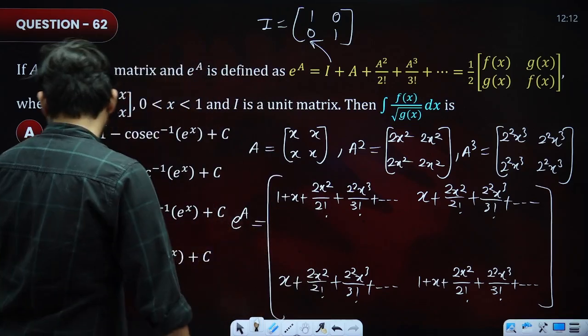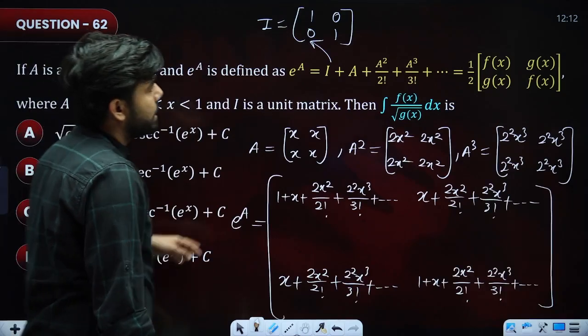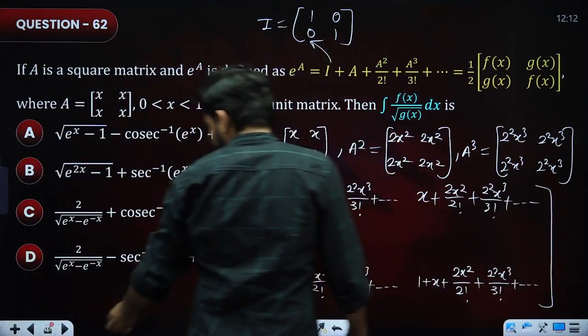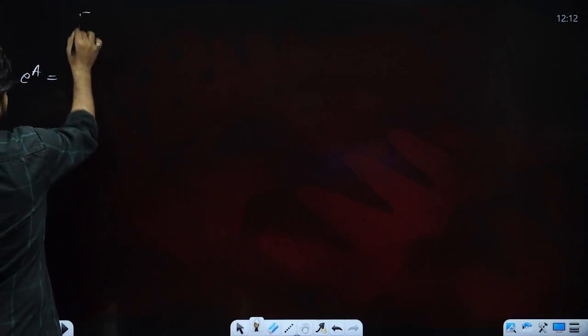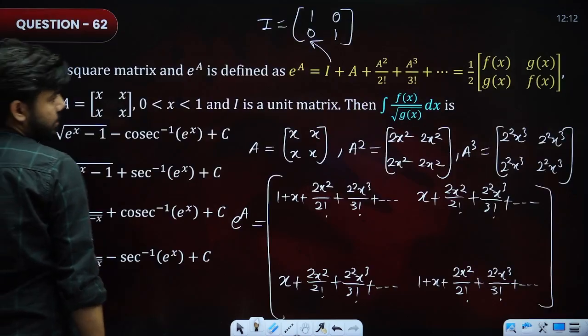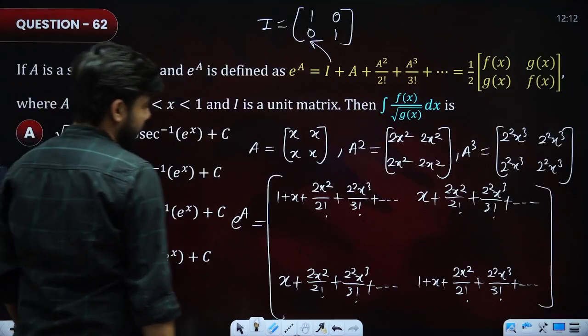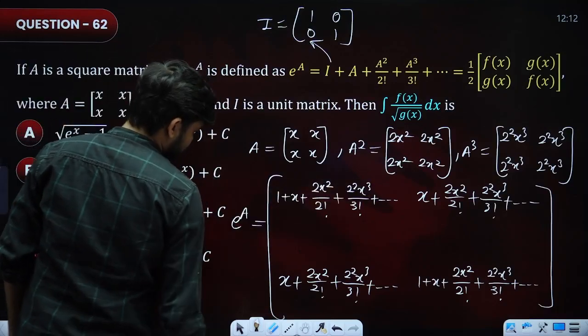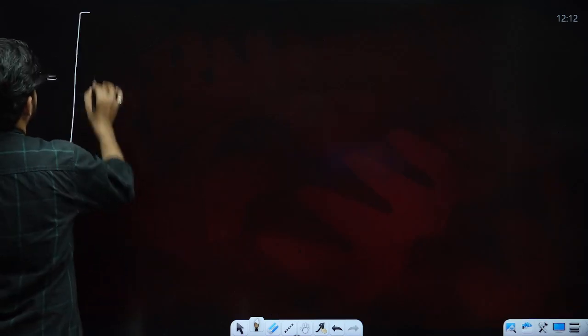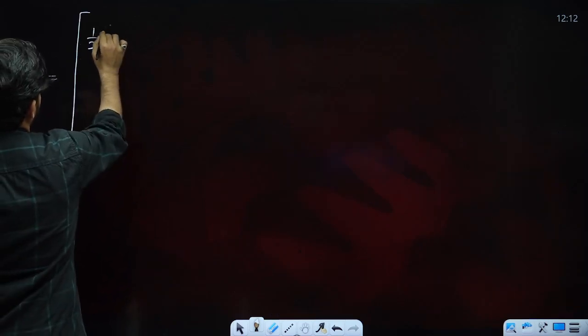So try to write it in this form. Let's write e raised to A. It is equal to, if I take 1 by 2 from here and 1 by 2 from here, let's take 1 by 2 common.